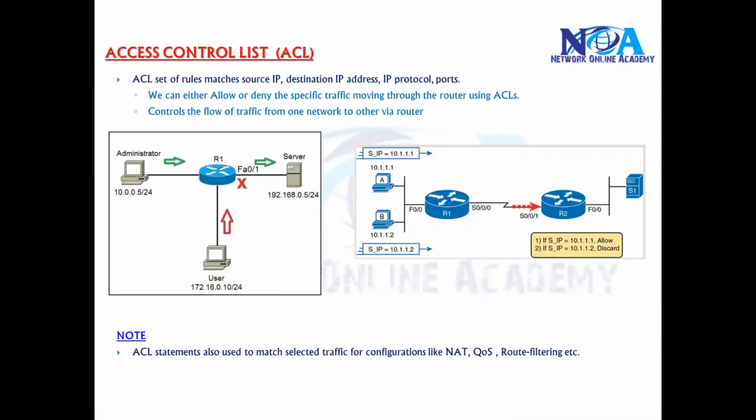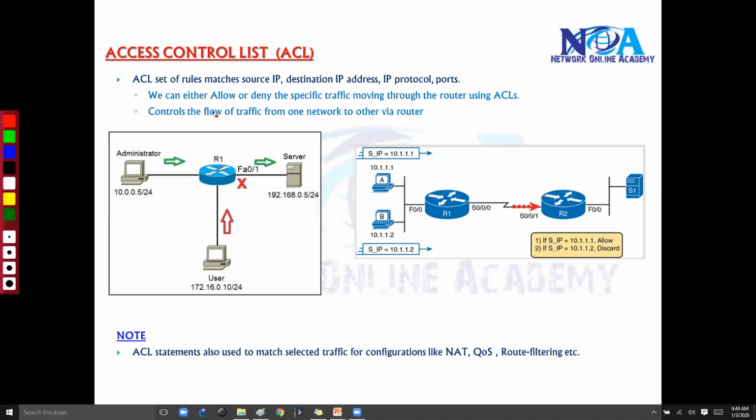ACL stands for Access Control List. It is a set of rules which will allow or deny the traffic which is moving through the router. So basically in ACLs we define some kind of rules, and in those rules we match the source address or the destination address or some parameters like this.